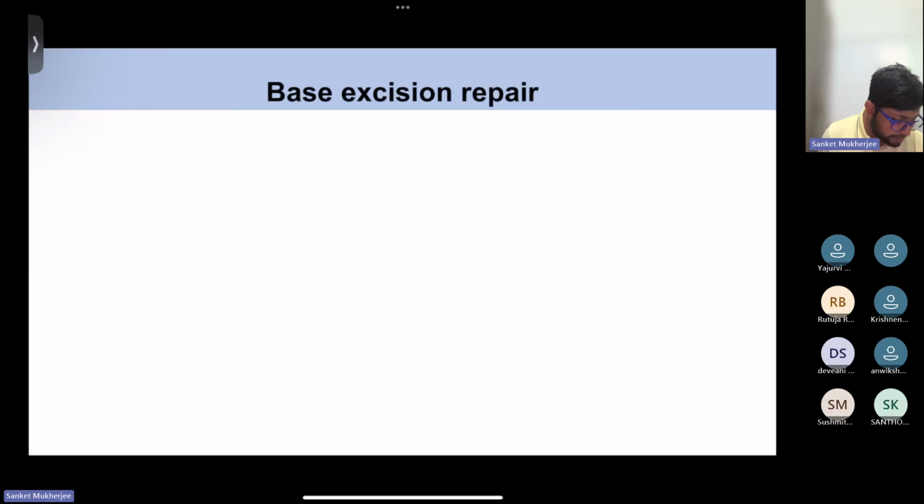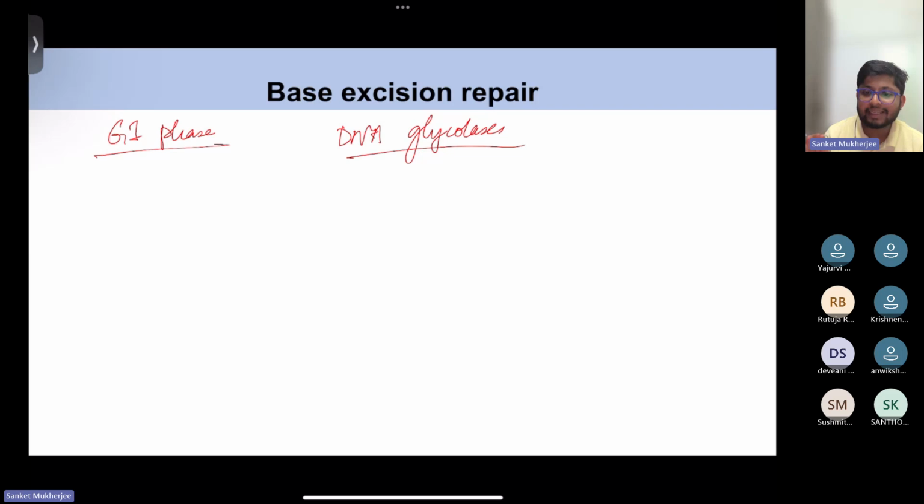Base excision repair. This happens most commonly in the G1 phase of the cell cycle. It happens through enzymes called DNA glycosylases. If you remember, DNA glycosylases are also the enzymes responsible for creation of abasic sites. So if there is an incomplete base excision repair pathway, it could lead to generation of abasic sites.